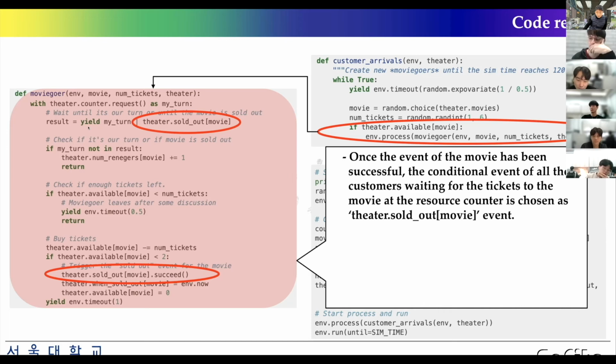So in a simple way, during the time this moviegoer is waiting here for the counter, if another customer is trying to buy a ticket and the status is changed to no remaining tickets and the sold out event is triggered, then this moviegoer is generated with this event before the ticket counter becomes available.